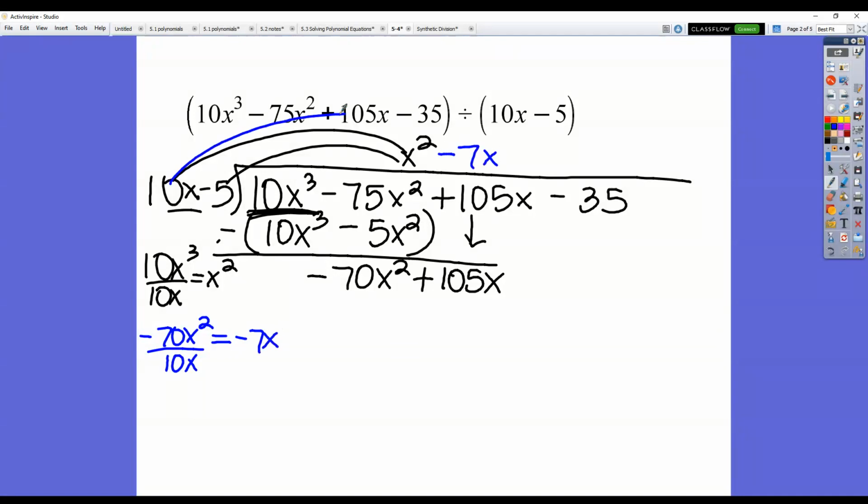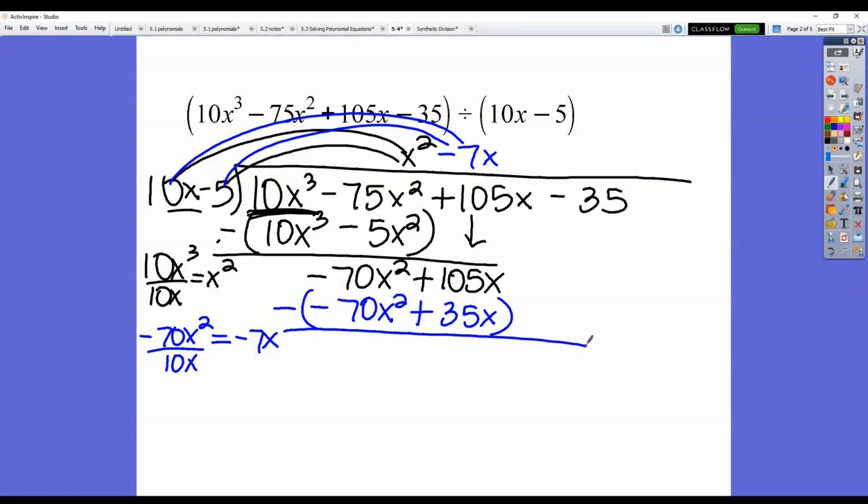Okay, then negative 70x squared divided by 10x equals negative 7x. That's going to go up here. And then we multiply. Don't forget, negative 5 times negative 7x would be 35x. So then this would cancel, just like that canceled. 105x minus 35x would be 70x. And then we'll drop down the negative 35.